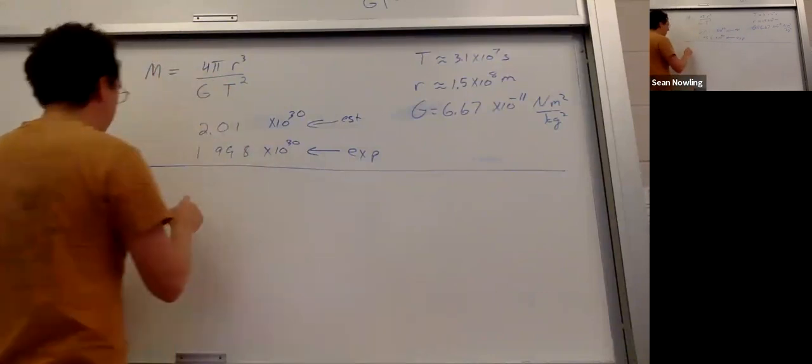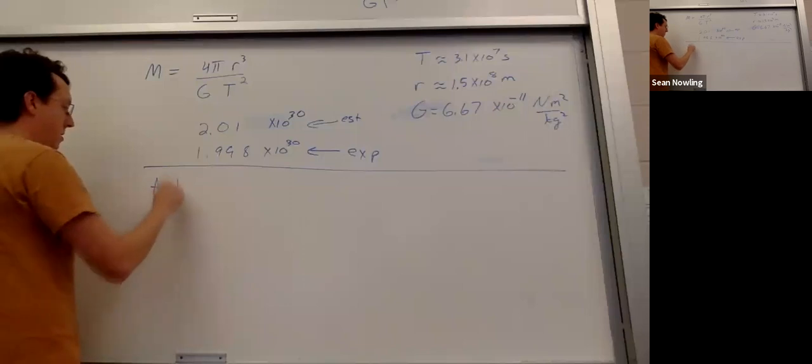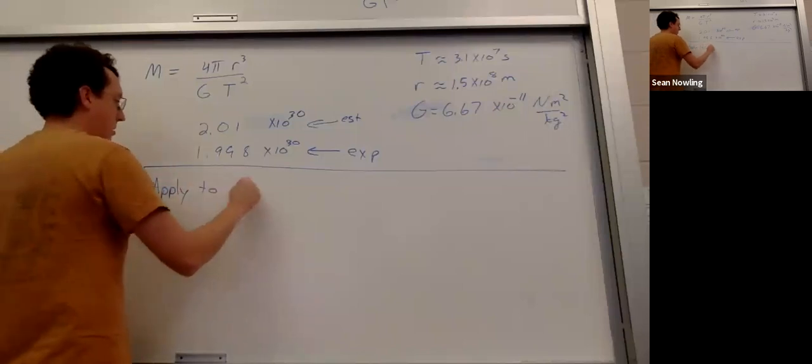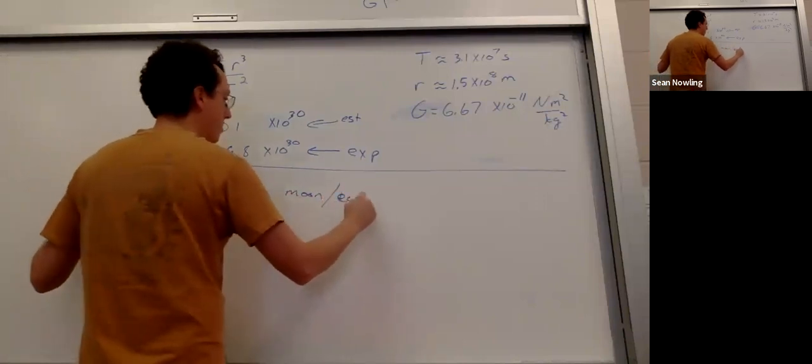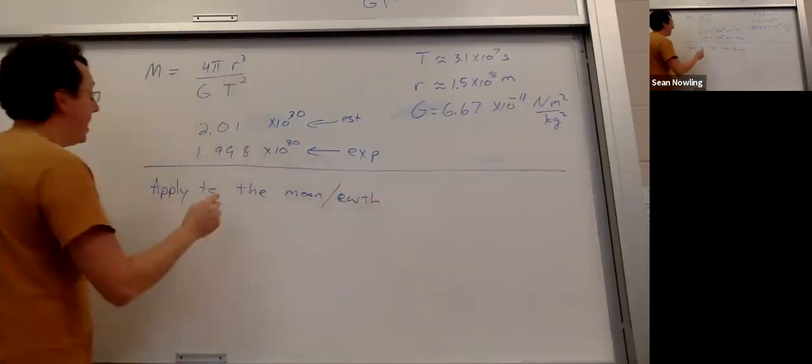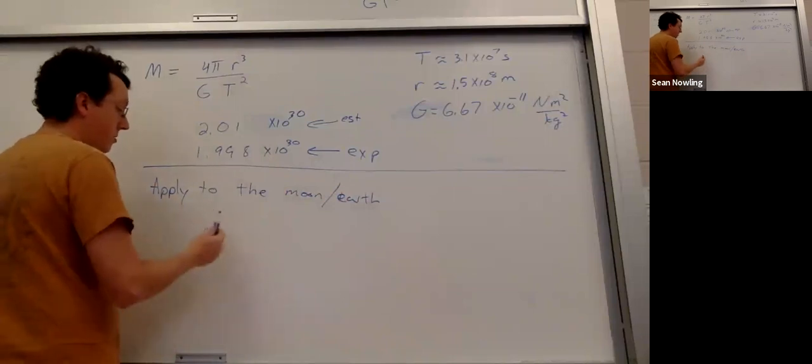So apply it to the moon-Earth system. In that case, the mass of the larger object is the Earth.